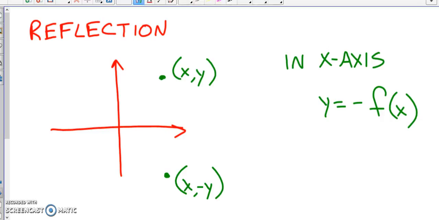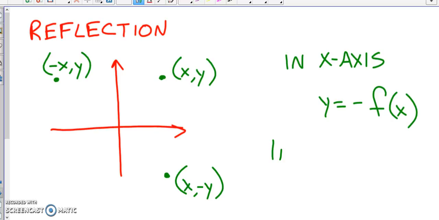Okay. So if I want to reflect that point in the y-axis, where would it end up? So if I take this point, reflect it across y. All right, so it'd end up over here in the second quadrant at negative x, y. Now see, in this one, the y stays the same, but the x changed sign.